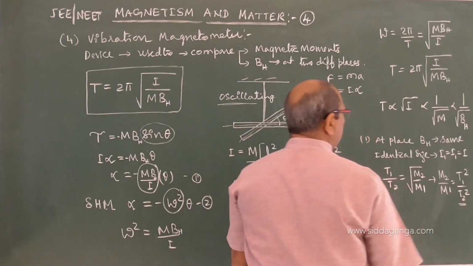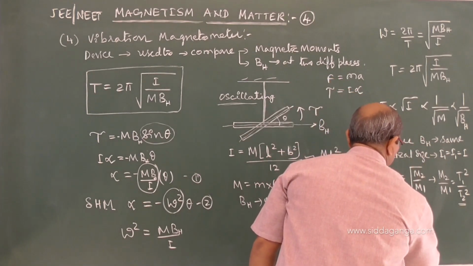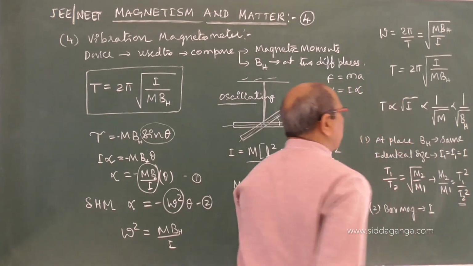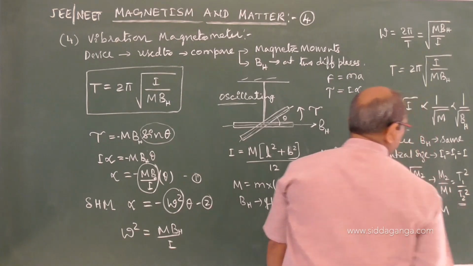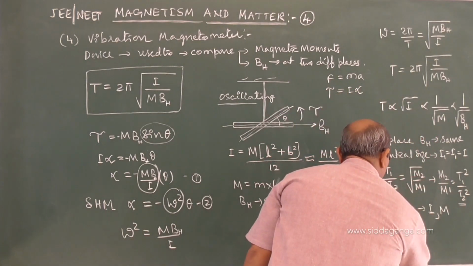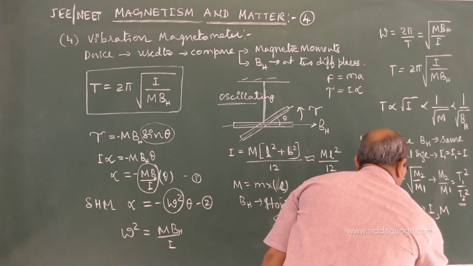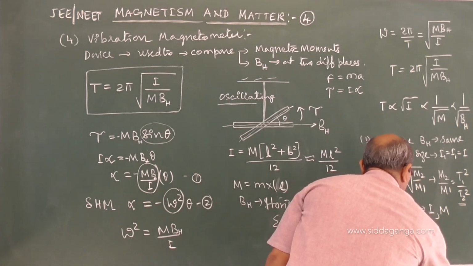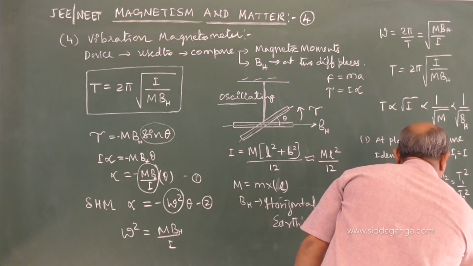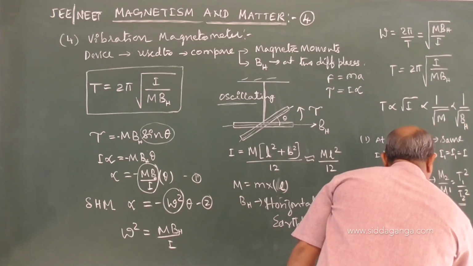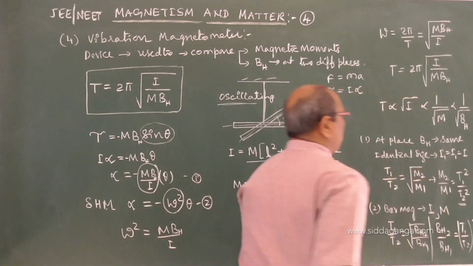Or at two different places, we are using a single bar magnet, so I same and M same. Then T1 by T2 is equal to root of BH2 by BH1, or BH2 by BH1 can be written as T1 by T2 whole square.